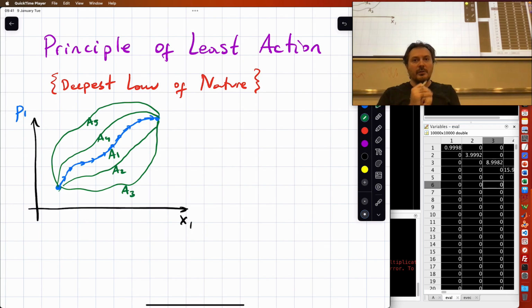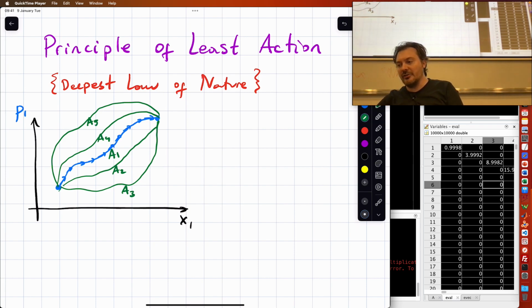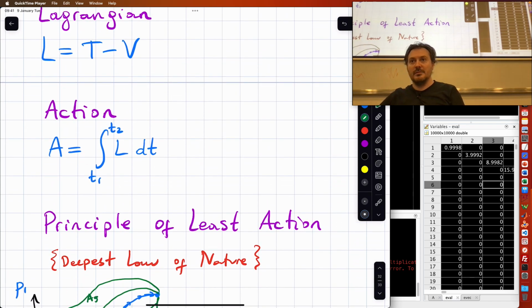So Newton's laws are telling you what's going to happen locally, right in the next moment, while the principle of least action looks at it globally, taking into account all possible paths that a system can take, and the path that minimizes this action is the one that the system takes. Did you follow this?